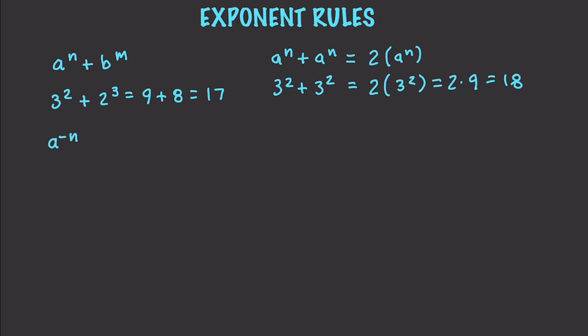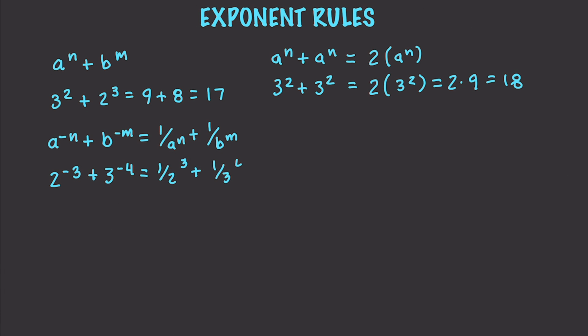Again, let's say we have two different bases and two different exponents, and they're negative this time, and we want to add those. Well, there we are. And this is going to be 1 over a to the n plus 1 over b to the m. Sorry about that. And this is going to work out to 2 to the negative 3 plus 3 to the negative 4, which is 1/2 to the third plus 1/3 to the fourth.